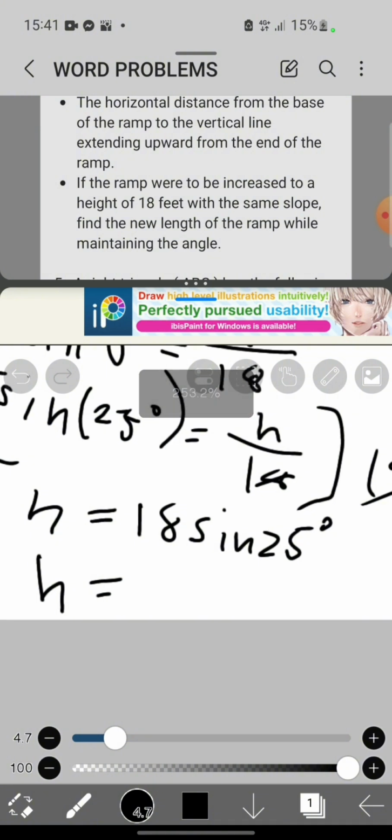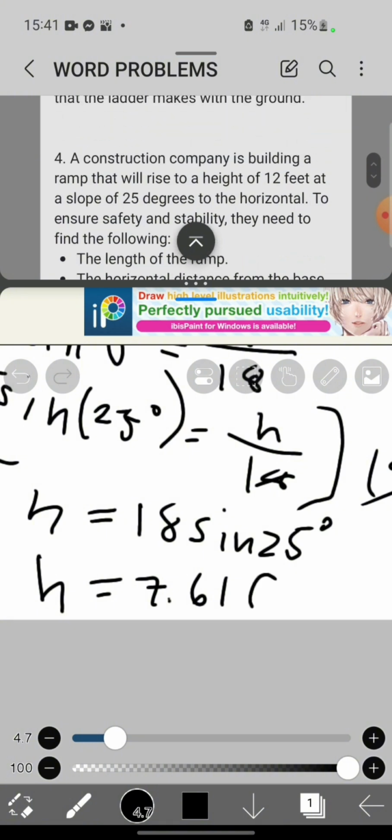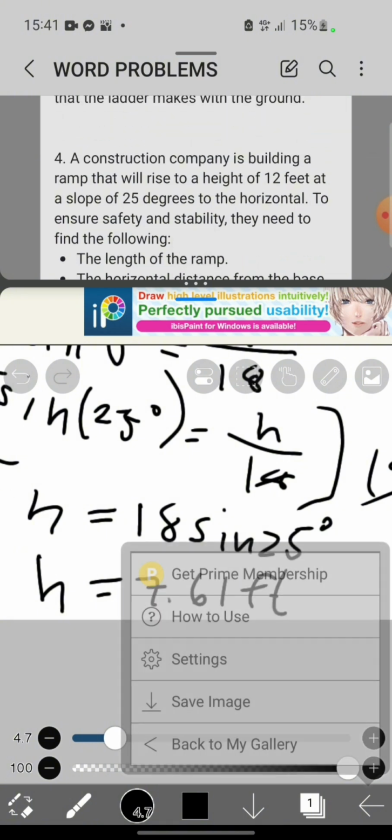So the height of the new ramp is equivalent to 7.61 feet. So this is the answer.